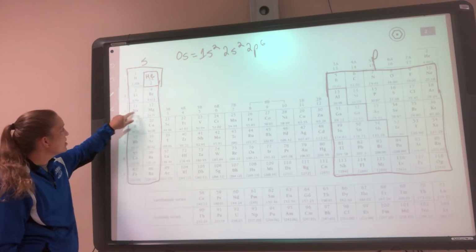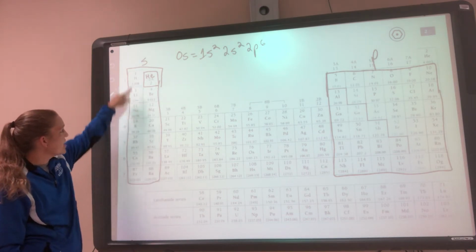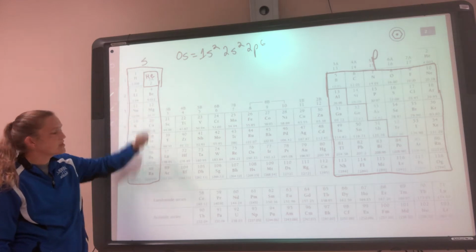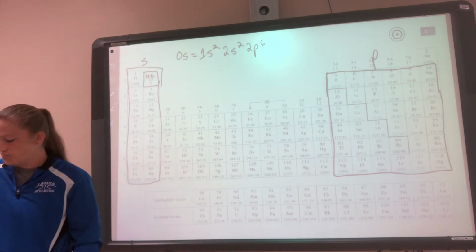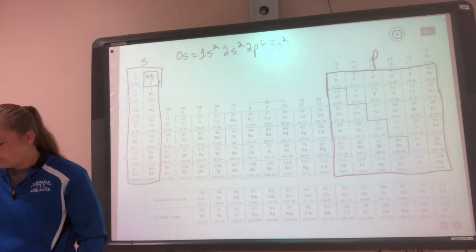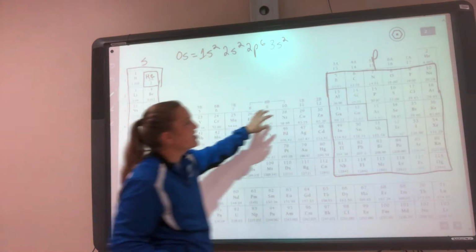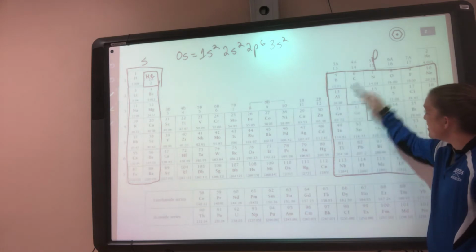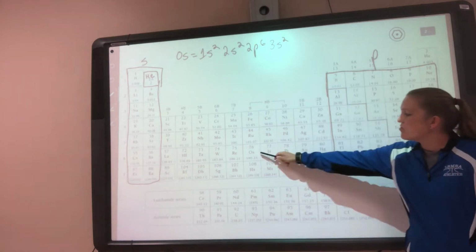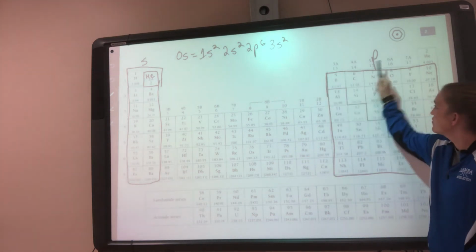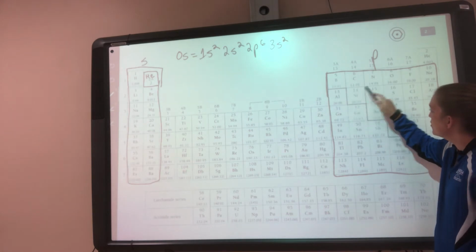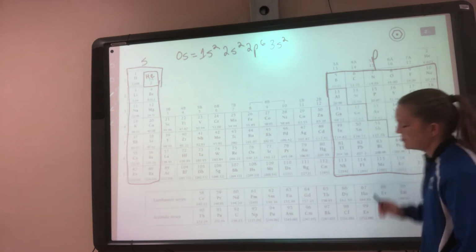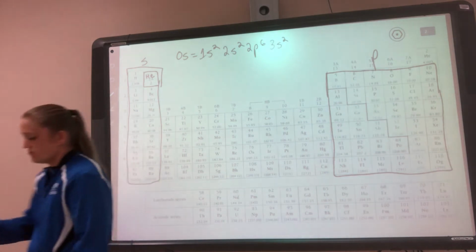Number 3, we're in the s block, so 3s, and we'll do both of those, 3s2. Now we're over here, so this should match our aluminum that we wrote earlier. So we're in the 3p, but I don't want aluminum, I want to go all the way to Os. So 3p, 1, 2, 3, 4, 5, 6. 3p6.